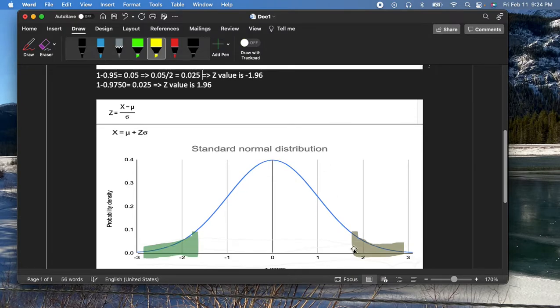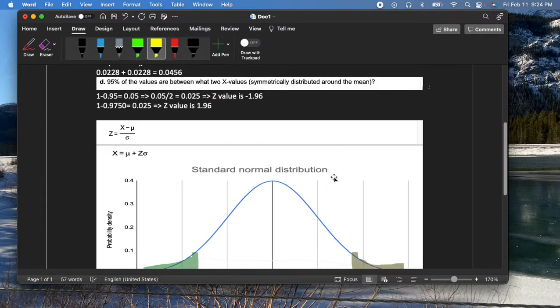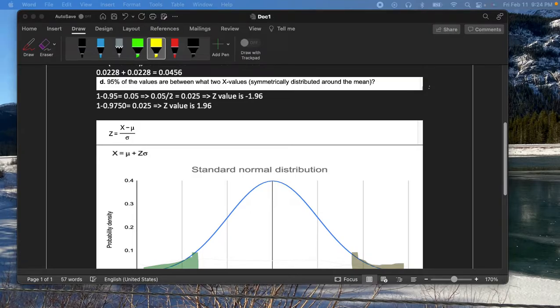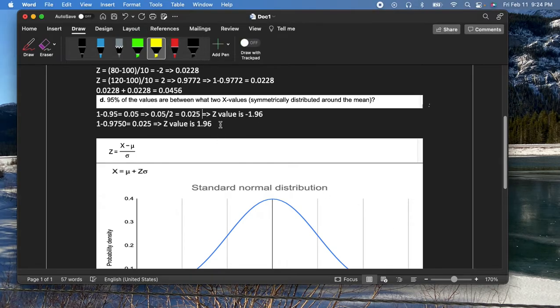All right, so we know here 1.96 to the left, 1.96 to the right, because we're trying to find 95% of the values. Okay, so now that we have that, we need to do a couple more steps.